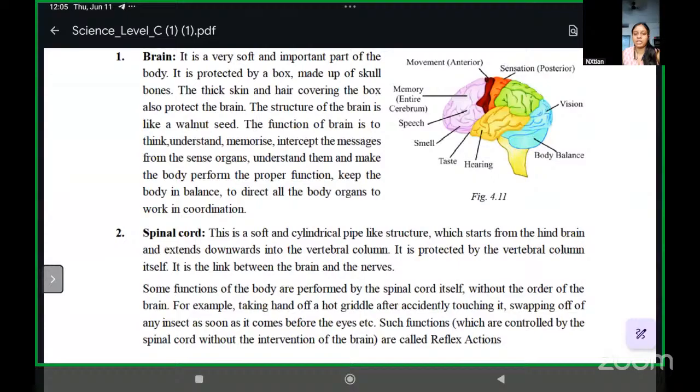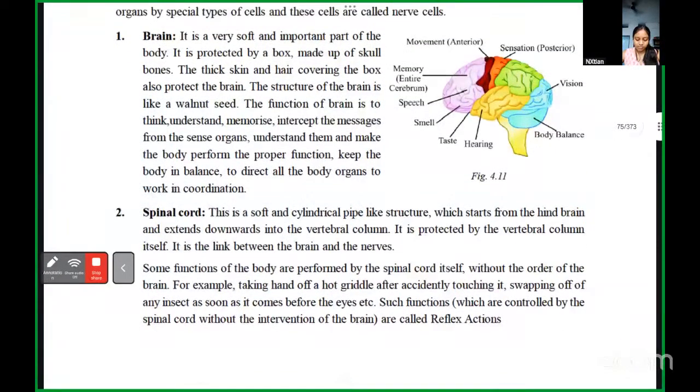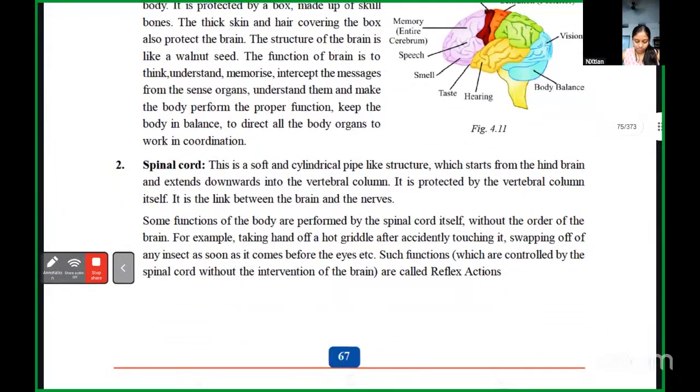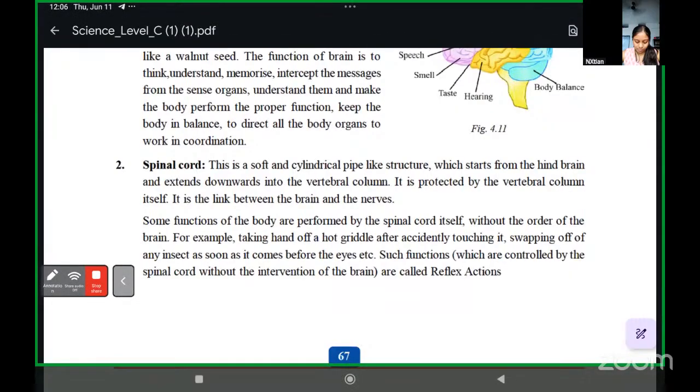Now, Johanna, it's all black. You may face a network issue as well, Johanna. Can you rejoin, log out and log in back? Okay, ma'am, rejoin. No, I can see it now. Now you can see. Okay, all right.